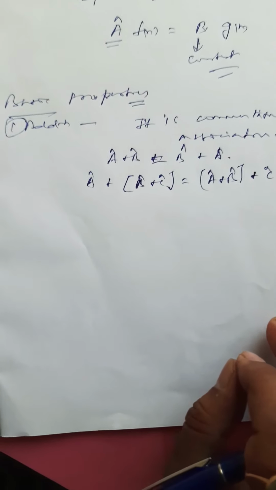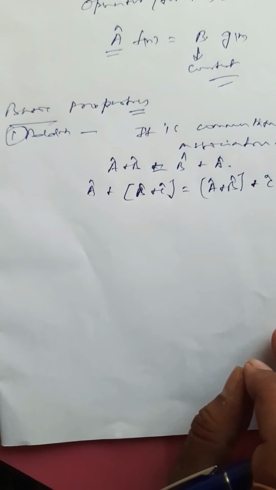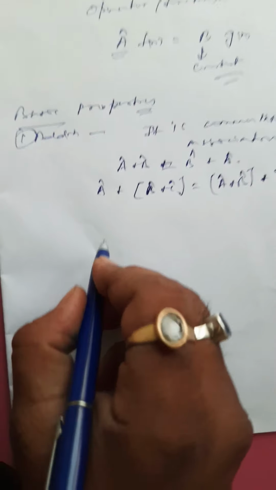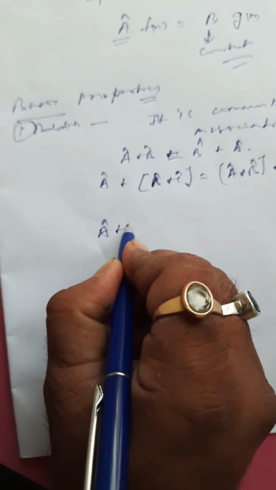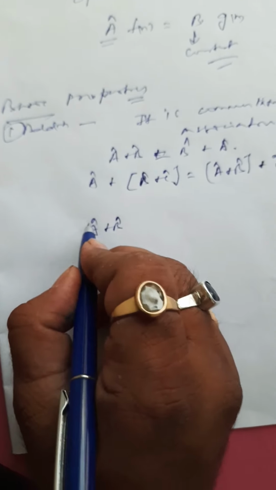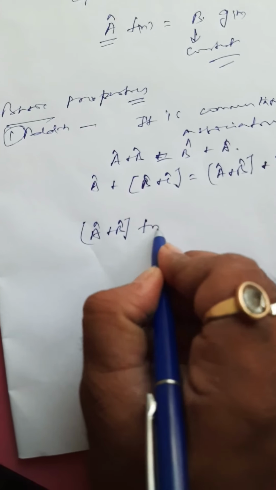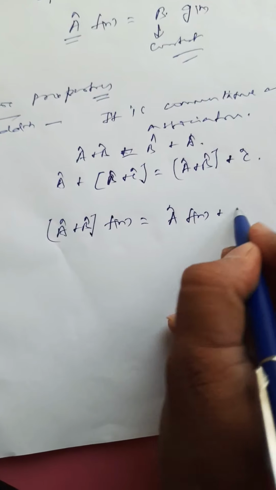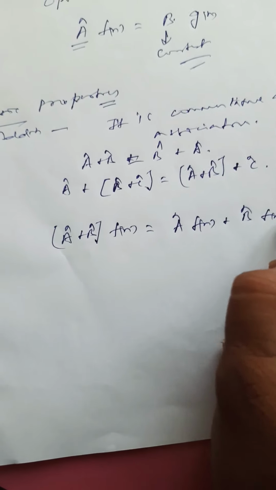Now if A cap and B cap are two operators, then their sum is also an operator. If A cap plus B cap is operating on function f(x), then it gives A cap f(x) plus B cap f(x).